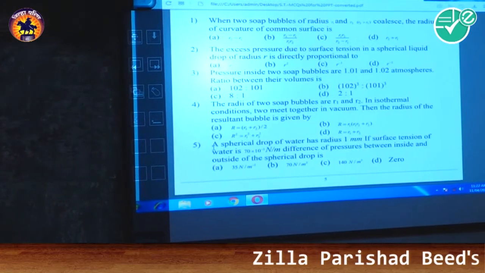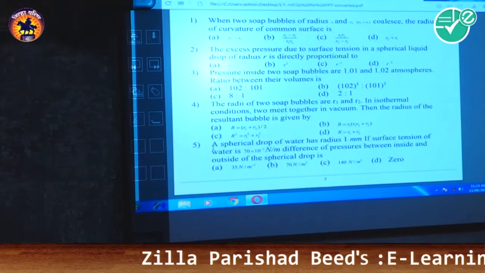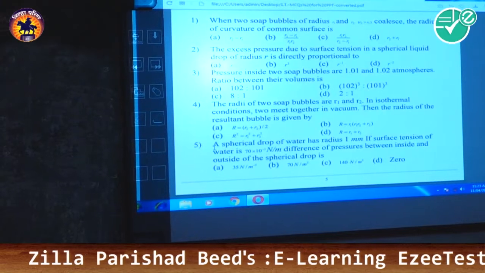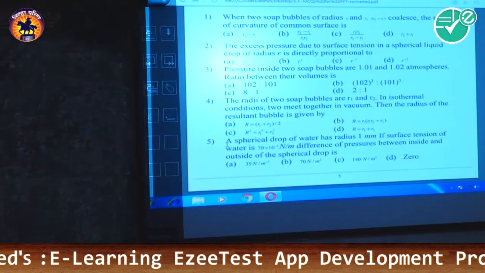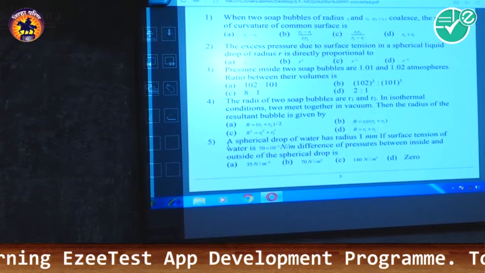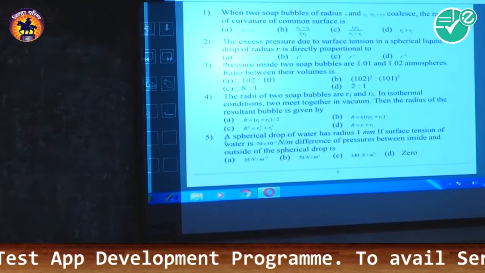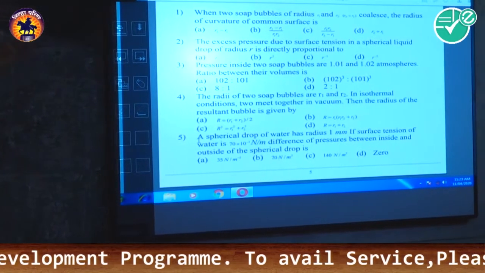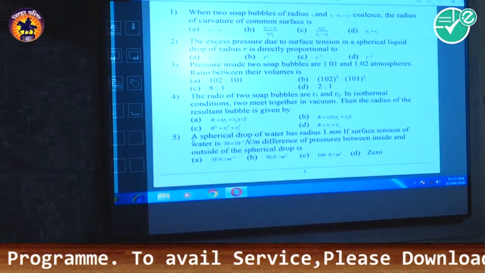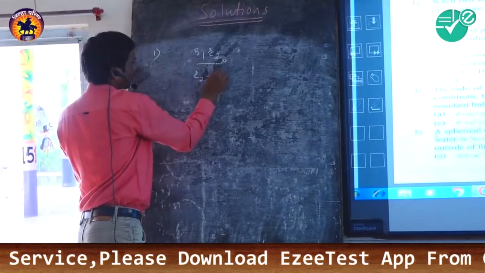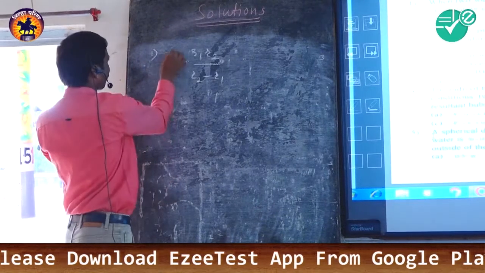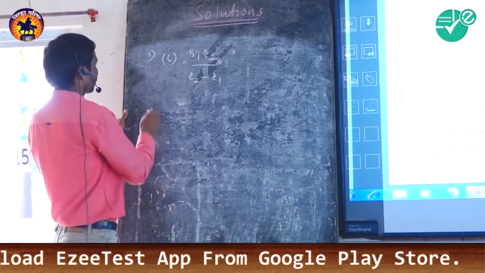When two soap bubbles of radii R1 and R2, here R2 is greater than R1, coalesce, the radius of curvature of common surface is. We have seen here this radius of the common surface that is given by using expression R1 into R2 divided by R2 minus R1, it means option C1 is correct.